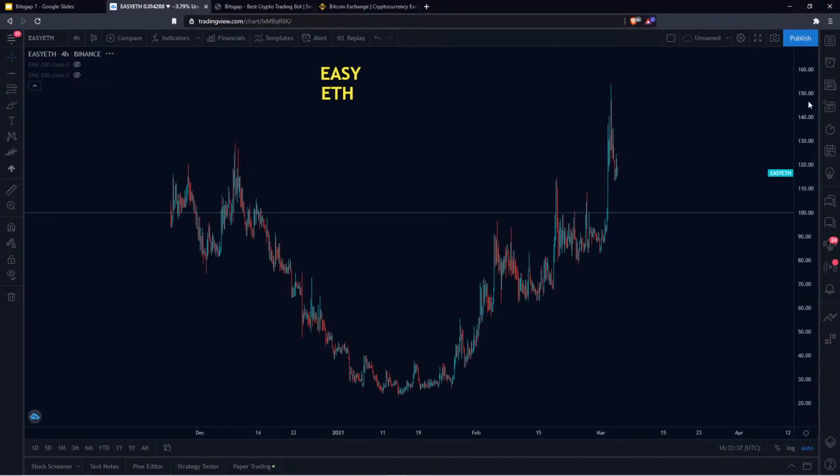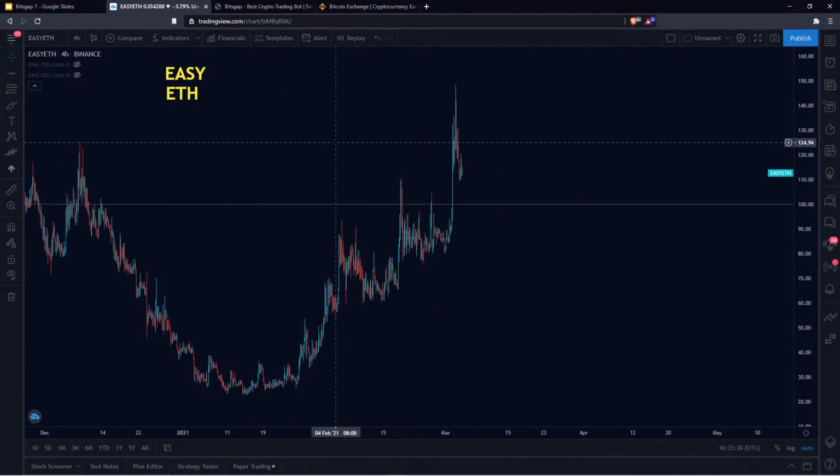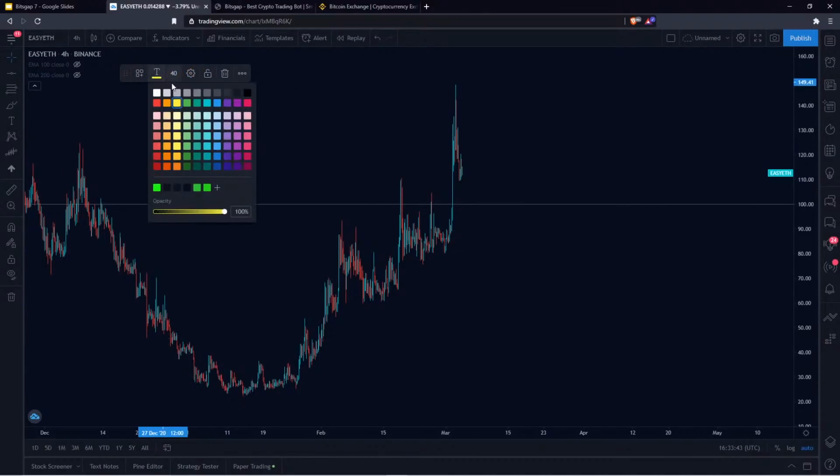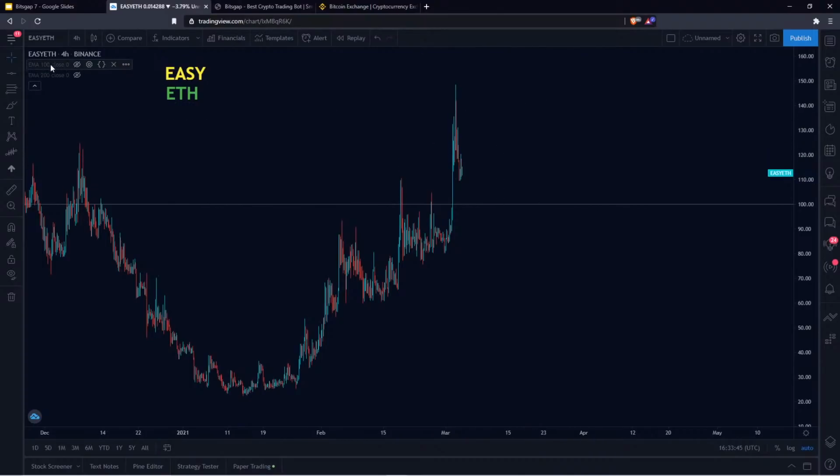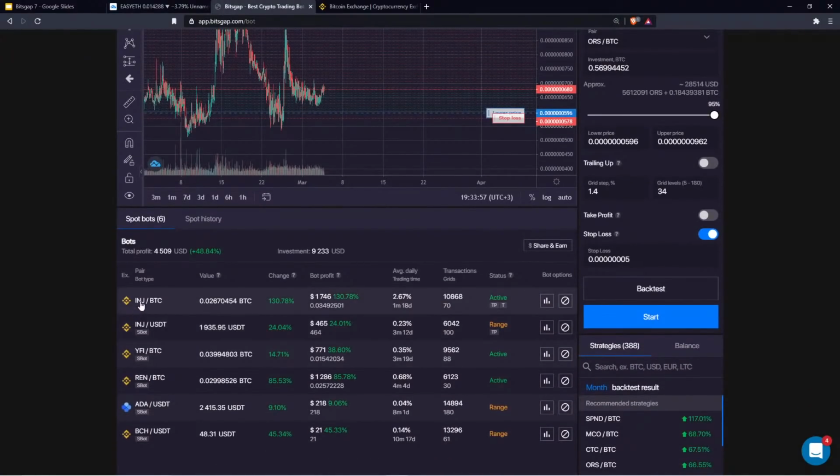So trading Easy to Ethereum, you generate returns in Ethereum. Okay, because the bot always accumulates returns in the quote currency, which goes second, and that's in this case Ethereum. So for example, you see ING trading to Bitcoin, the bot profit is in Bitcoins here.